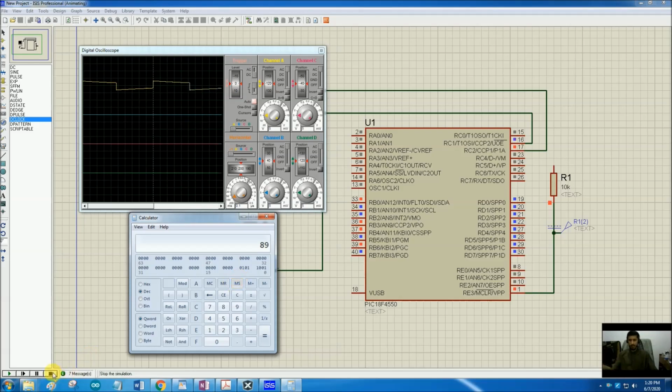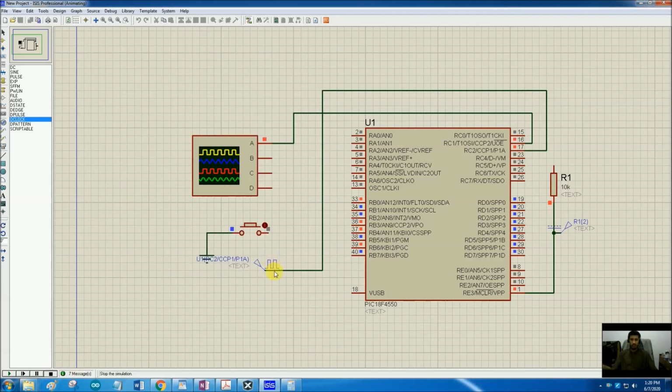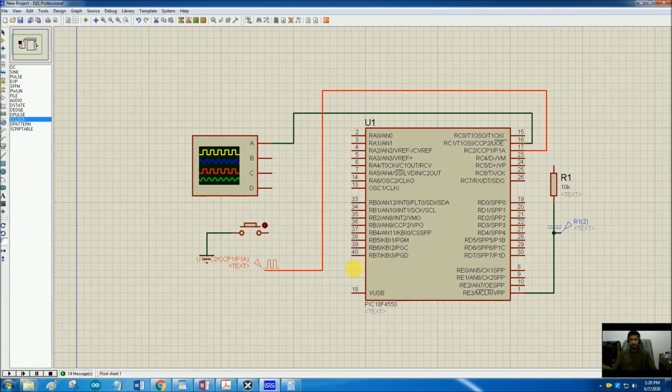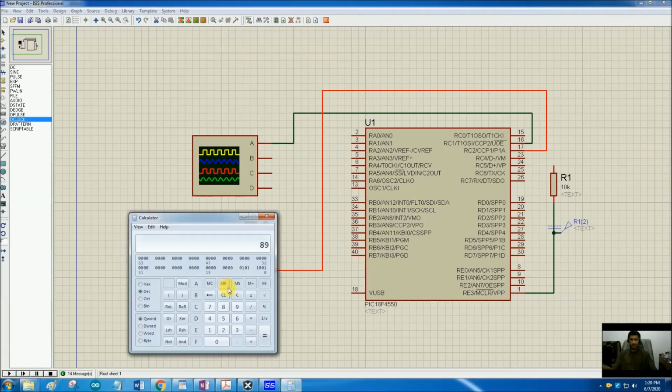Let's try it for a third frequency. Let's confirm our hypothesis. Let's change the frequency to, let's say, 200 Hertz. First let me calculate what the time period should be. The time period should be 1 over 200. That is 5 milliseconds. 5 milliseconds means 5000 counts. So what should we get? 5000 minus 11, 4989 counts should be there.